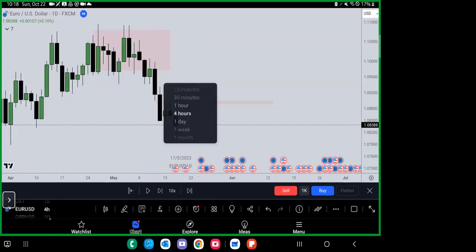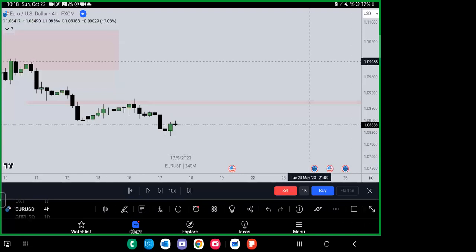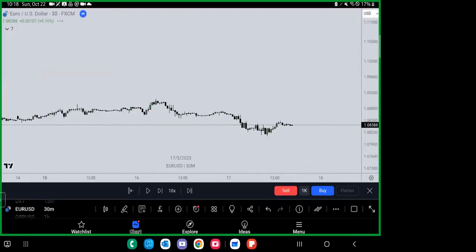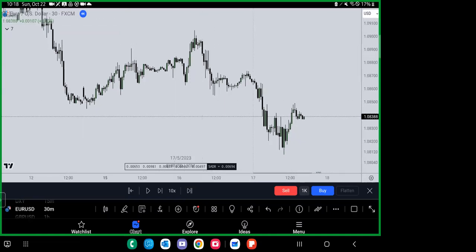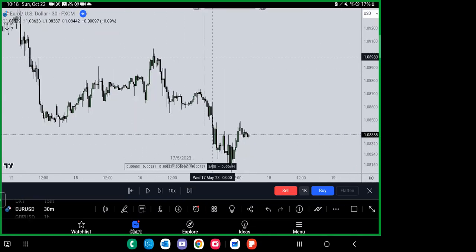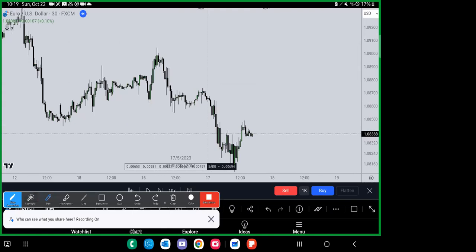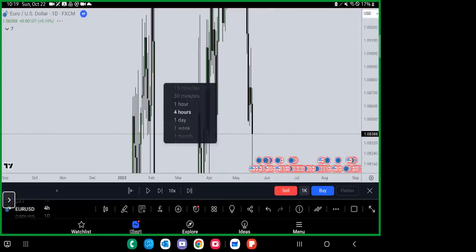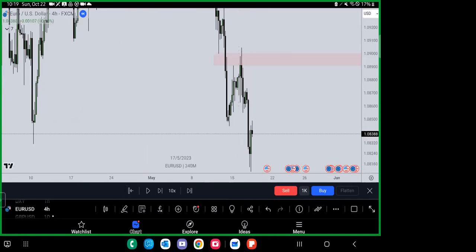Go down to my 4-hour chart for lower. Okay, and then what we see here, we have an original consolidation. Let me go back and mark out the inefficiency.